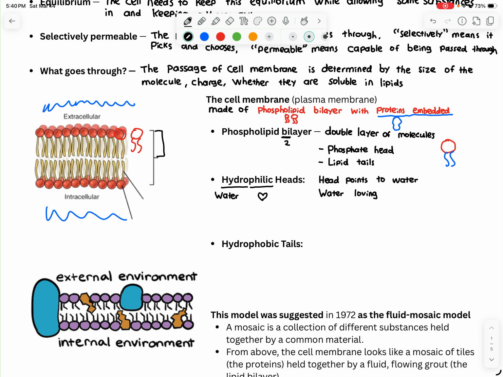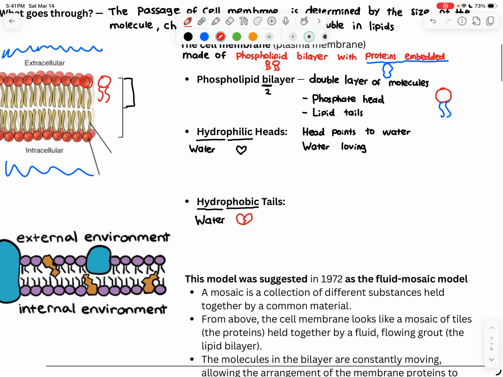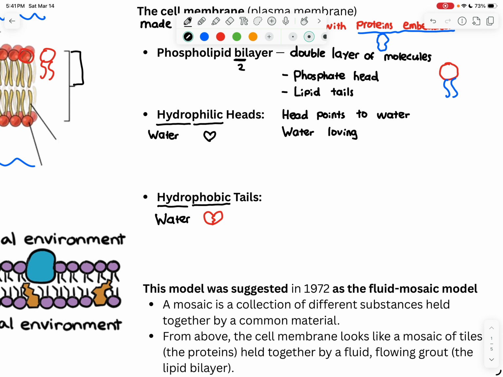Now, unlike the head, the tails don't like water. So again, hydro means water. Phobic means that they don't like it, okay? So I'm going to draw a broken heart. So it's going to be a heart and it's going to be broken, okay? They don't like it. That's why the tails stay inside, so that the tail doesn't actually touch the water. So we will say that, you don't need to know this, but they're composed of fatty acid chains.